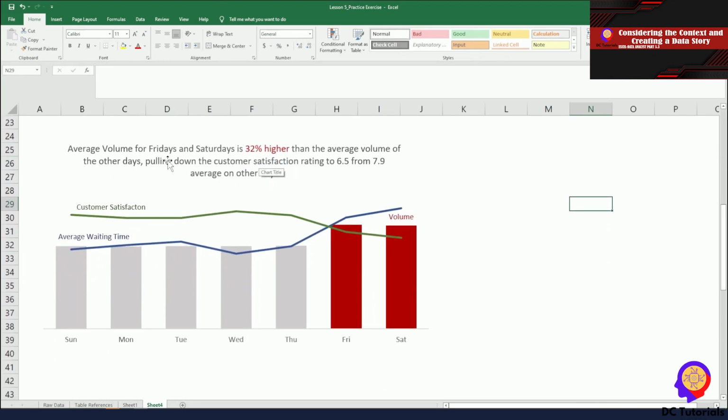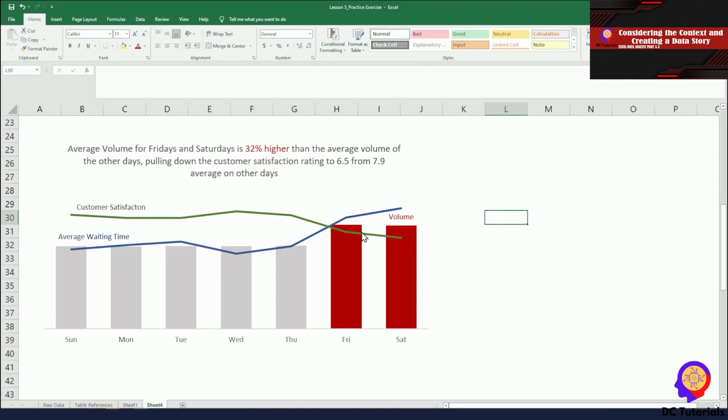So the average volume for Fridays and Saturdays is 32% higher than the average volume of the other days, cooling down the customer satisfaction rating to 6.5 from 7.9 average on other days.